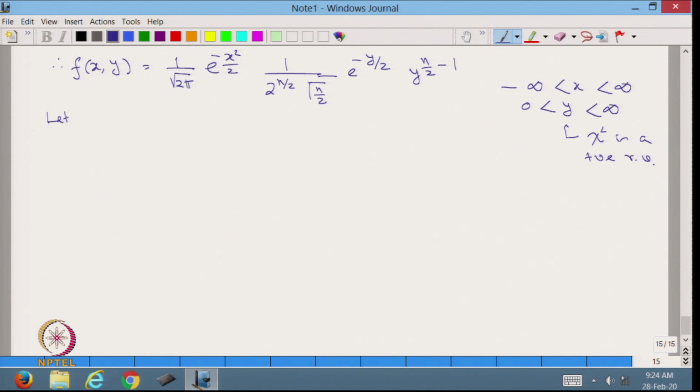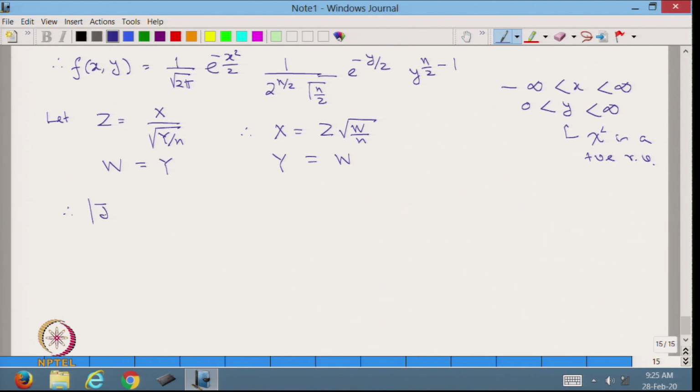Let z is equal to x upon root over y by n, and let w is equal to y. Therefore, x is equal to z into root over w by n and y is equal to w.